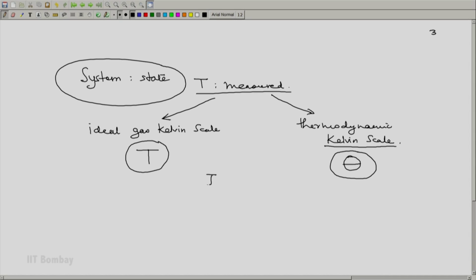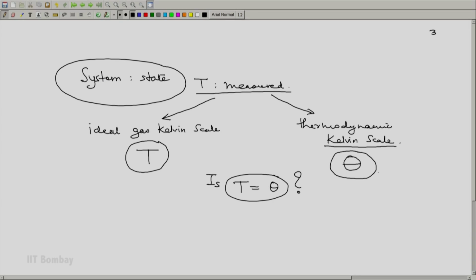The question is, T equal to theta? We know that there is one temperature level, the triple point of water, where T is defined to be 273.16 Kelvin, theta is also defined to be 273.16 Kelvin. But at other temperatures, higher or lower, we do not know whether they will be equal or not.